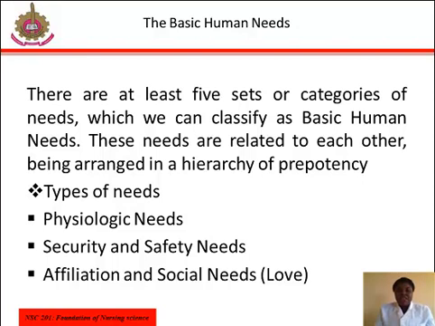We also have the affiliation and social needs. The affiliation and social needs encompass the need for friendship, for love, for belongingness and acceptance. When both the physiological and the safety needs have been met, then the affiliation needs will emerge and dominate the behavior of the human being.